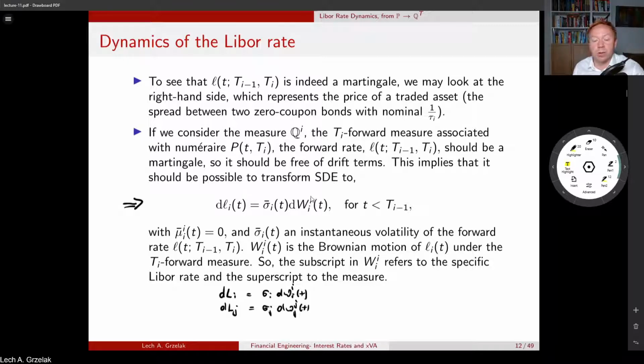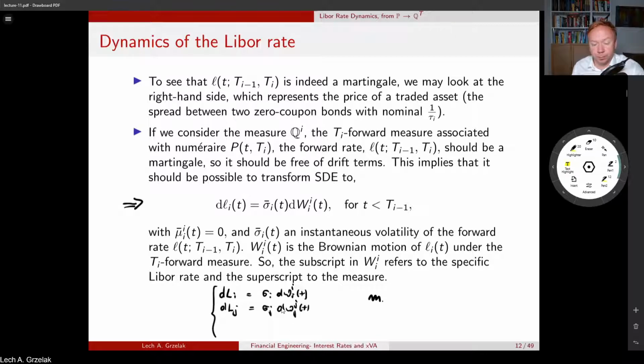Later, I will show you that if we start changing measure for Libors, this index will change. Here we have m different stochastic differential equations because we have m Libors. So it's a huge system of lognormal, or whatever sigma you choose, processes. And each of them is defined under a different measure.